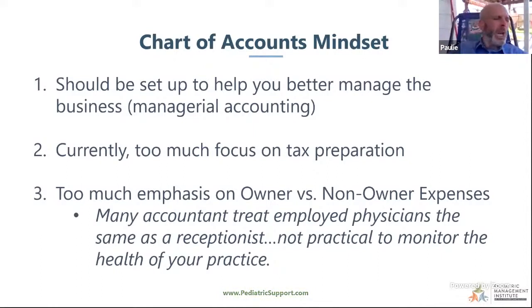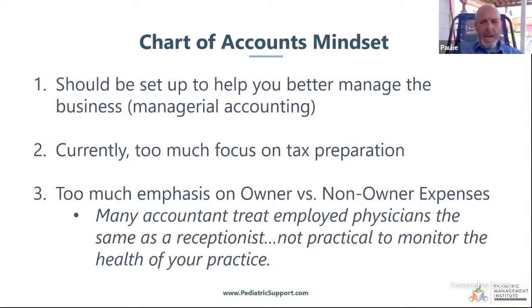And so it becomes really frustrating when every month you have to mentally add different numbers in different columns, or classify things a little differently in your head to get a sense of how much it costs to run this practice. For example, accountants will treat the employed physician a certain way. Let's say Dr. Blanchard and I have Vanchiere Blanchard Pediatrics, and we hire a physician, Dr. Hart.